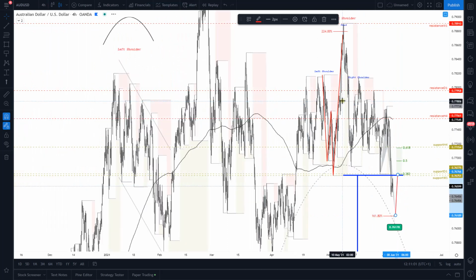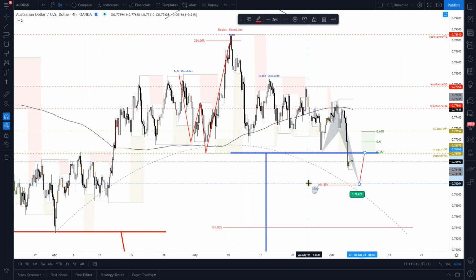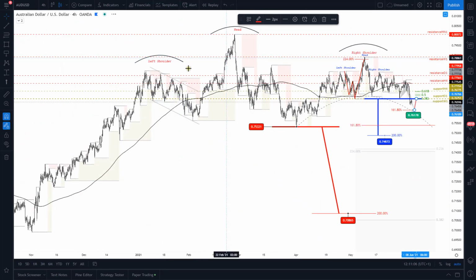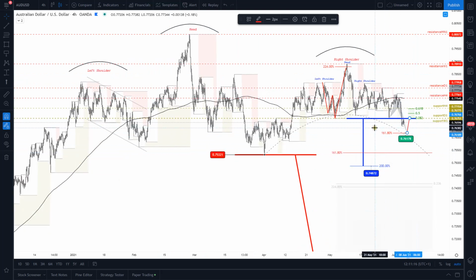There's huge expectations for the Aussie regarding these major heads and shoulders too. Because we have actually both, we have two heads and shoulders, one lower and higher degree events. So basically, this smaller one or this lower degree can also trigger a retest of the previous structure lows. That's what I'm expecting at this point.